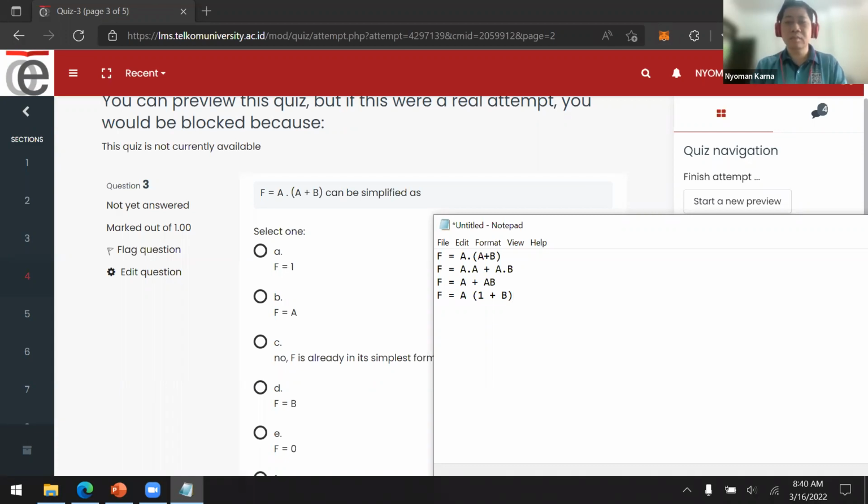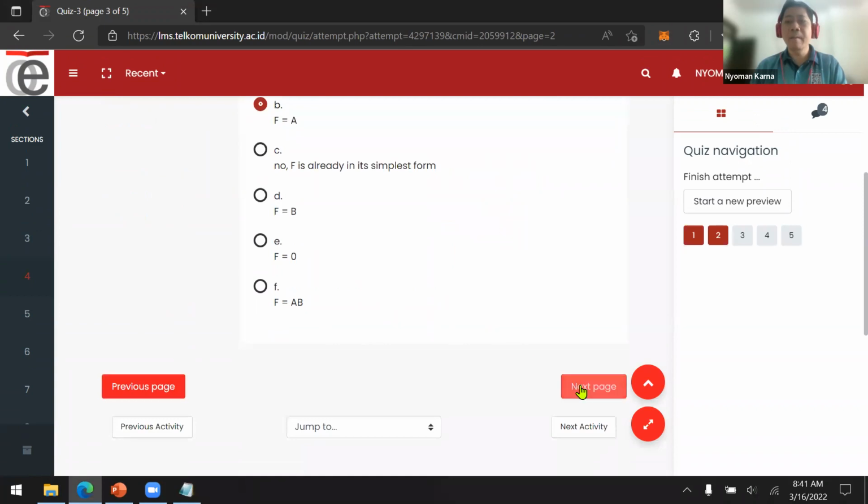Now it's just the same thing as the first question in the quiz. Because 1 plus B is 1, and then A times 1 is A itself. So the answer is B.